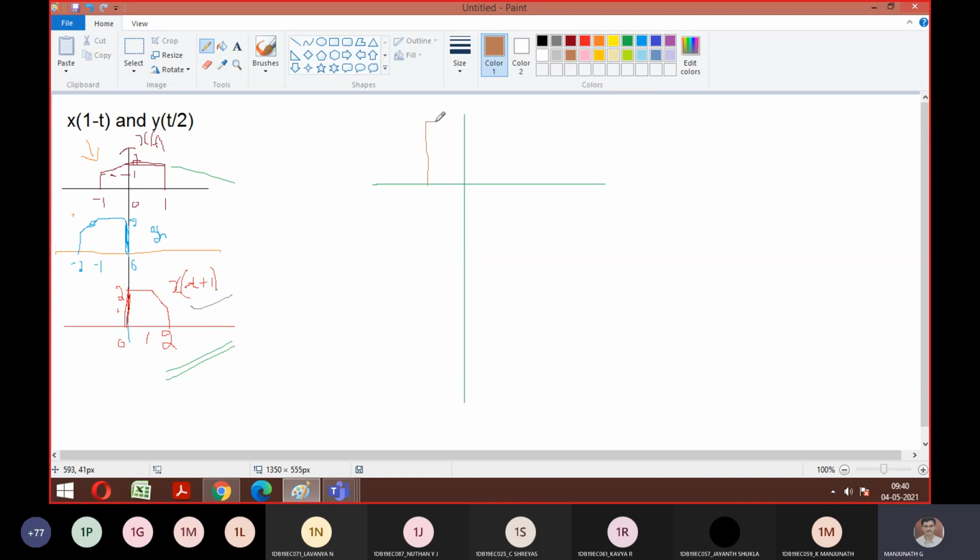Then it is kept constant, again dips to 2 and again becomes constant. So this is the amplitude level for 2 and this is for 4. The time duration is from -1 to +1. I hope you got the signal now. This is your given y of t.